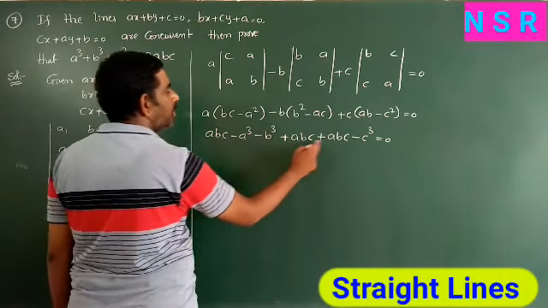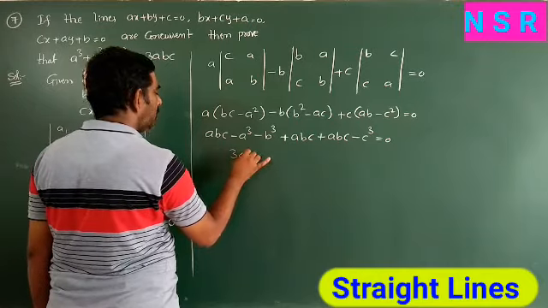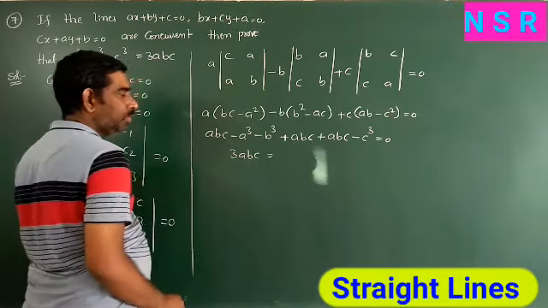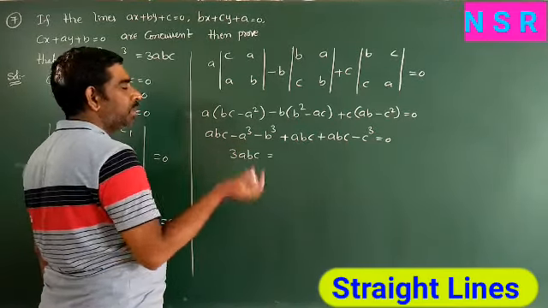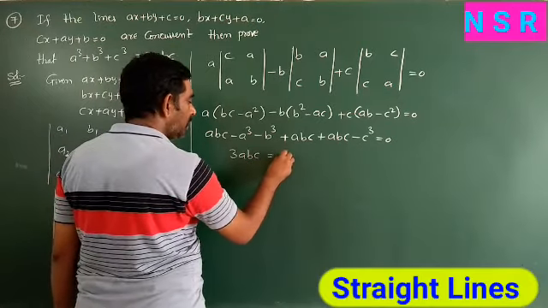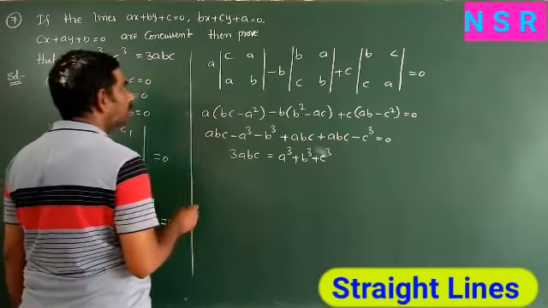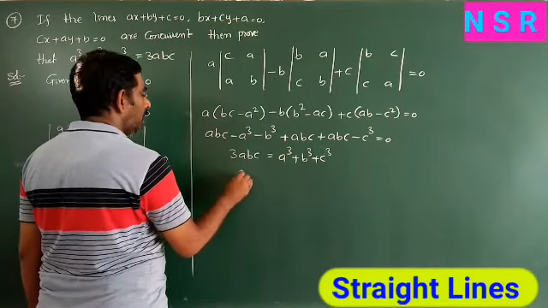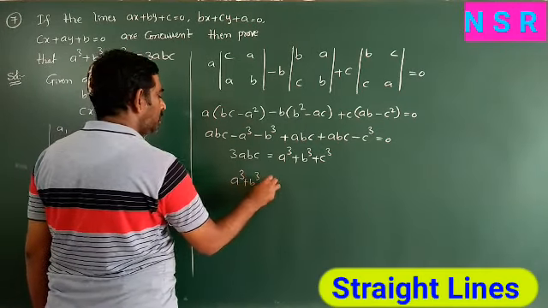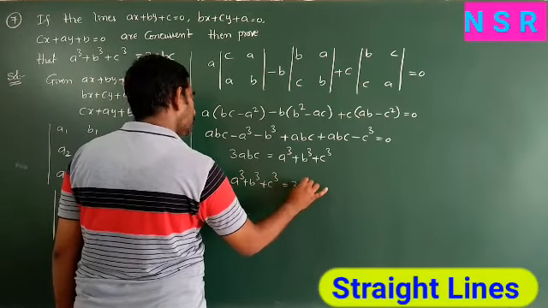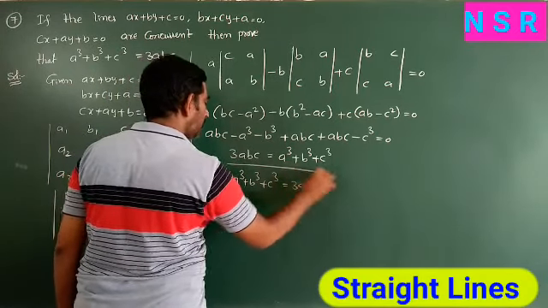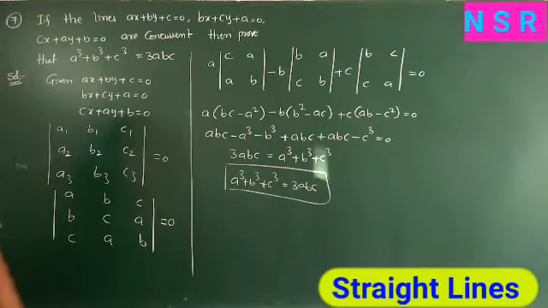So abc plus abc plus abc is 3abc, equal to a cube plus b cube plus c cube, moving the minus terms outside. So it can be written as a cube plus b cube plus c cube equals 3abc. This is our required condition. So if the given lines are concurrent, then a cube plus b cube plus c cube equals 3abc.